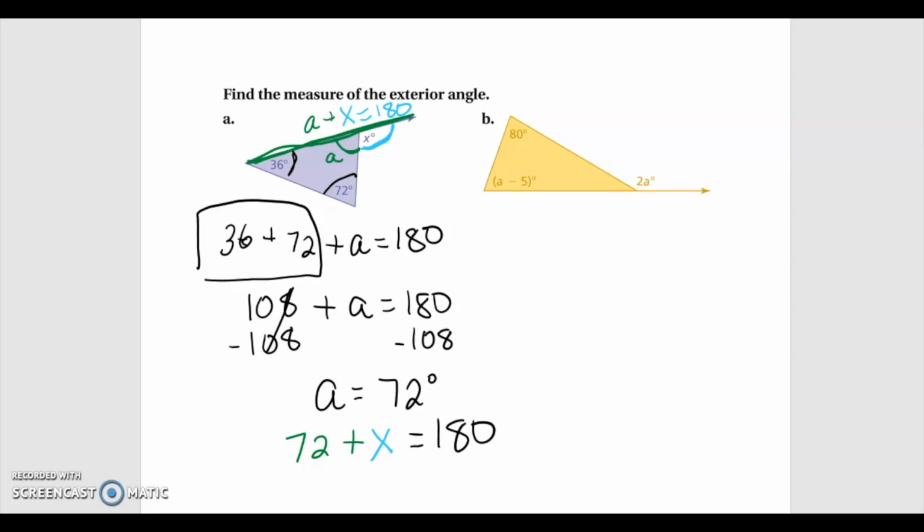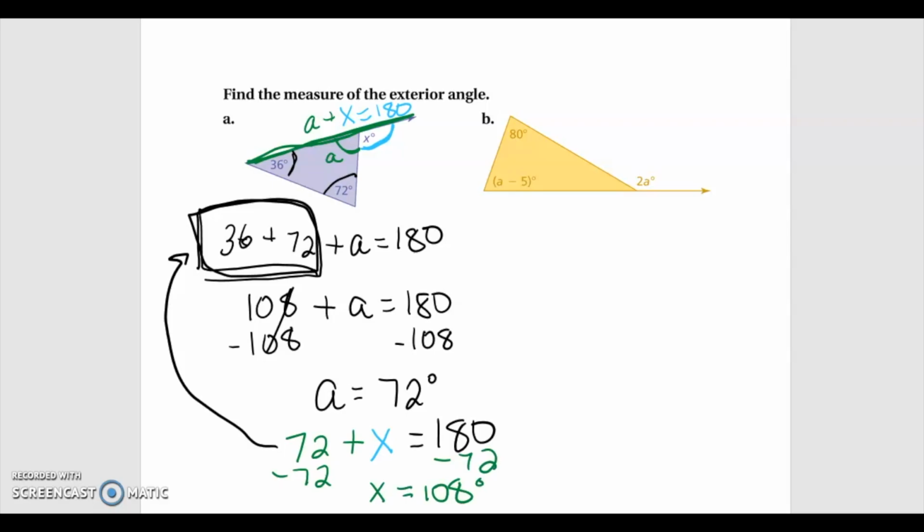If I compare this equation to this equation, when I added these two together, that gave me a sum plus angle A. Now, right here, I know angle A, and I'm looking for another angle. So we're going to talk about that after we solve. So I'm going to subtract 72 on both sides, and I get angle X equals 108. Notice this is the same amount as the sum we got here.